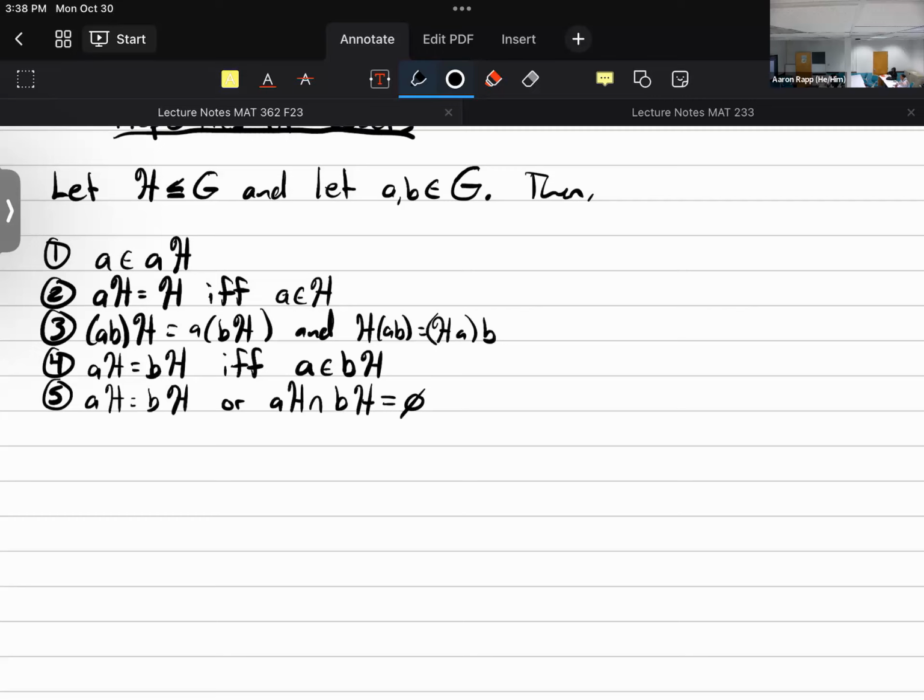If the two cosets are not the same, we're multiplying the left by A and the left by B, then they have to share no elements. Six.